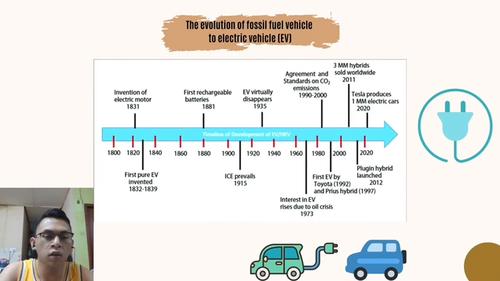So we can see from this the evolution of fossil fuel vehicles to electric vehicles. It started with the invention of the electric motor in 1831, then the first pure electrical vehicle was invented between 1832 and 1839, then the first rechargeable batteries in 1881.